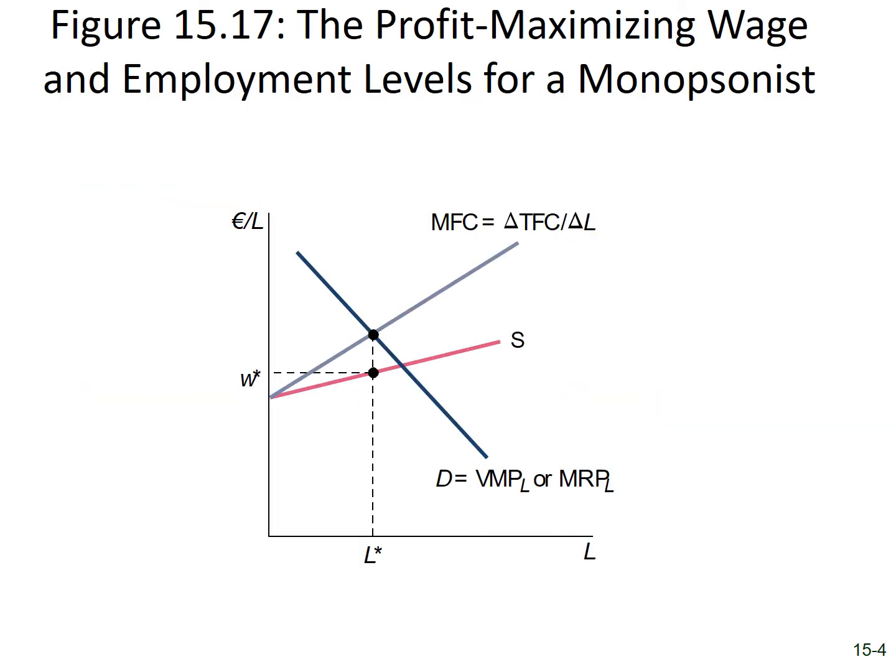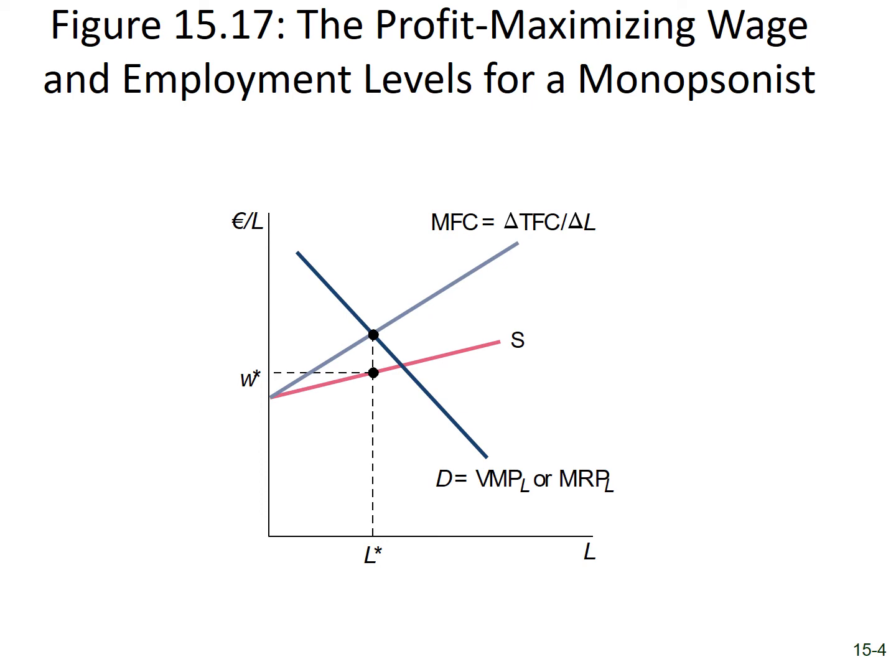Let's first of all study figure 15.17 from your textbook, which shows the profit-maximizing wage and employment levels for a monopsonist. On this graph, the supply curve of labor is the S-curve, the upward sloping red curve, which corresponds to the average factor cost.